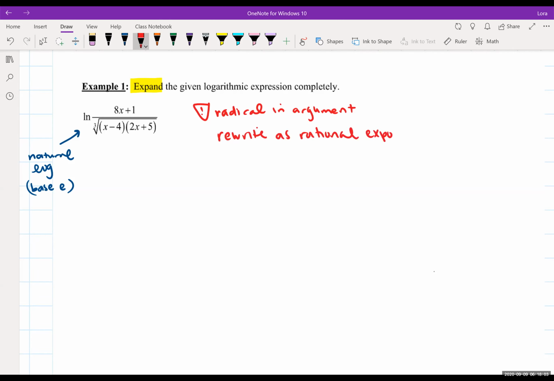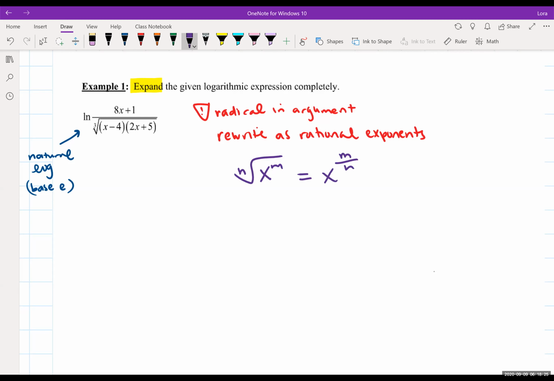And so we're going to pull from a property in our past. Remember, the nth root of x to the m can be rewritten as x to the m over n.